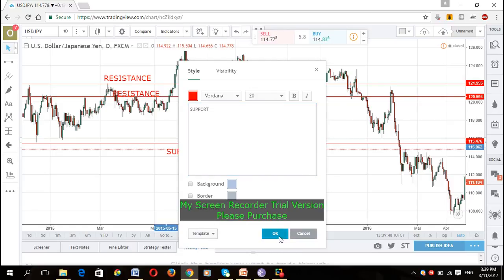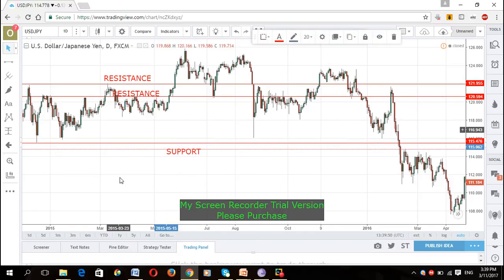Okay. So when we scrolled right, we saw that on our third line here, it did again go up. It tested our resistance line, it broke it, tested the second one, it broke it again, then came down again. Then again it came back to the second resistance line and broke our support.